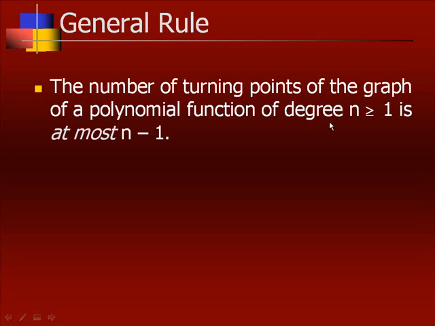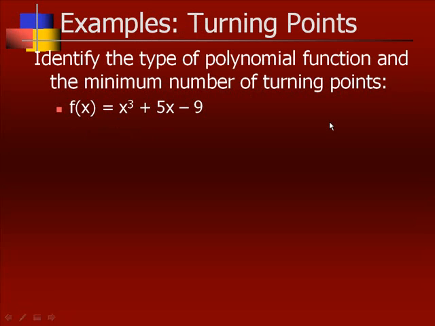As a general rule, the number of turning points of the graph of a polynomial function of degree n, greater than or equal to 1, is at most n minus 1. Now, identify the type of polynomial function and the maximum number of turning points.